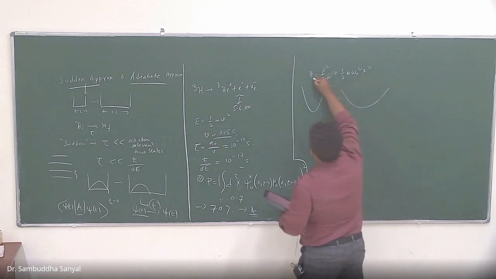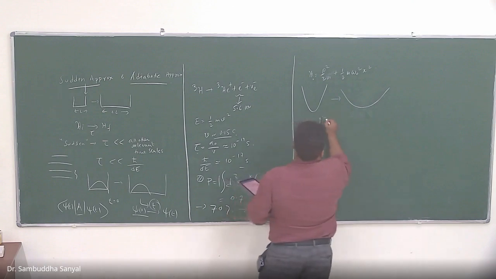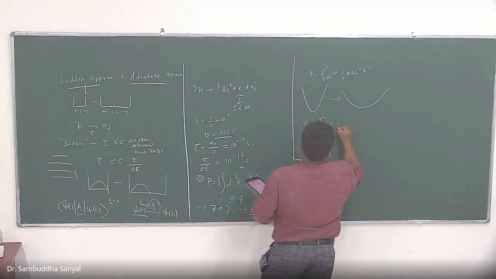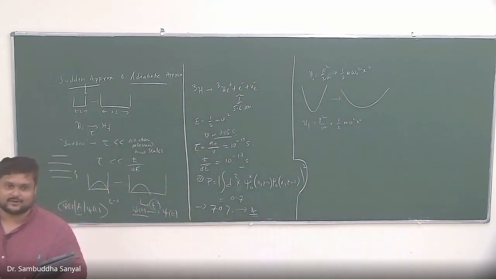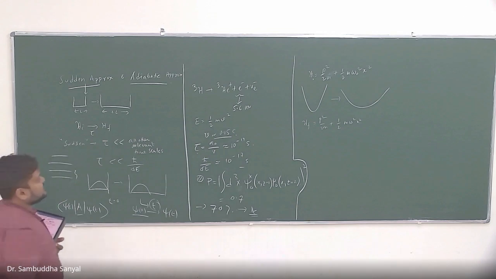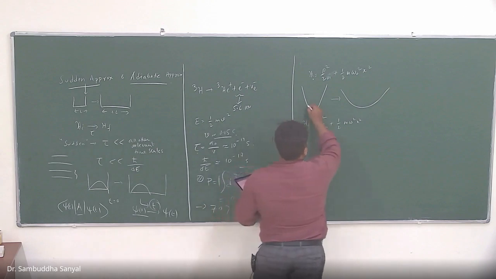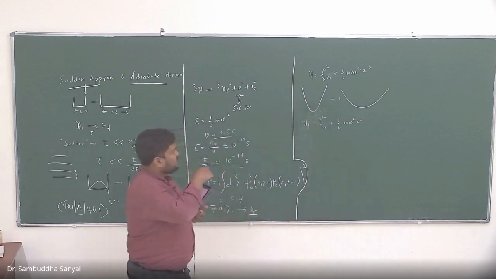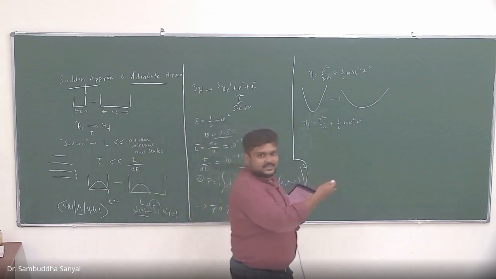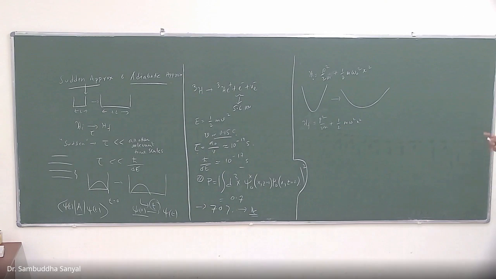So this is my initial, and my final is p square by 2m plus half m omega square x square, or you can make it more steep, with some omega which is different from the initial omega naught. Very simple change, but there will be something non-trivial, because what does it mean? The ground state of the initial one will become the initial state of the changed one, but that is not the ground state of the changed Hamiltonian.